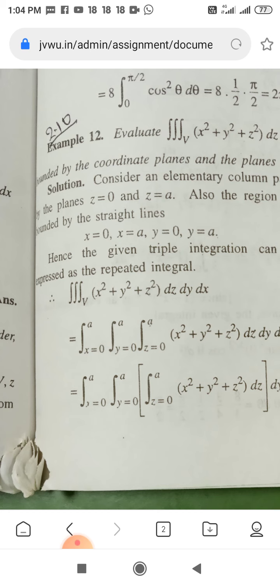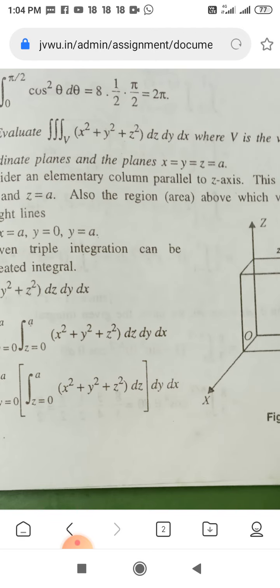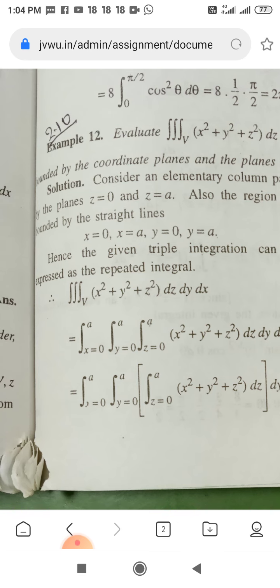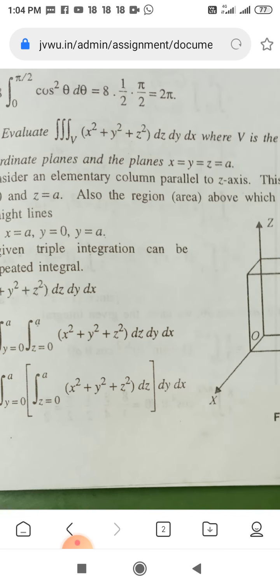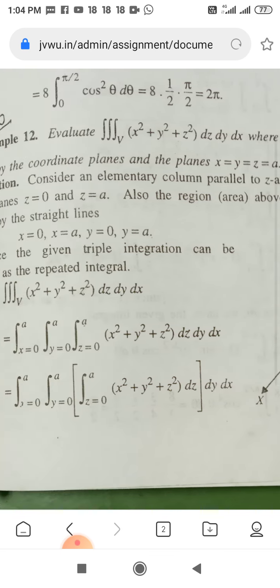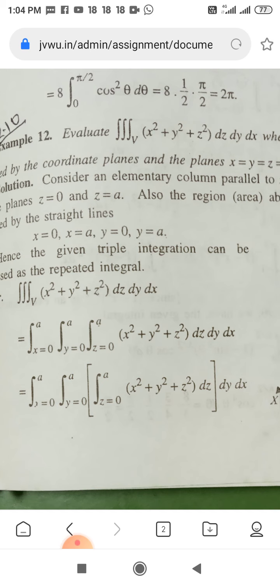It is because all have the same equation, x is equal to a, y is equal to a, z is equal to a, and in the first quadrant x is from 0 to a, y is from 0 to a, z is from 0 to a, of x square plus y square plus z square dz dy dx.